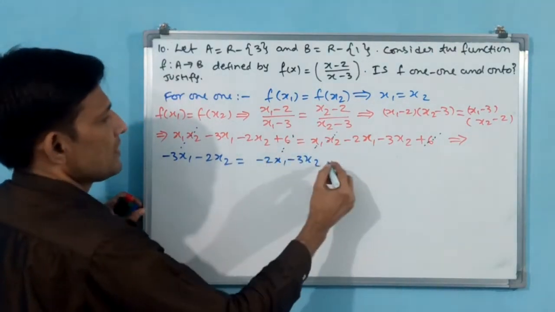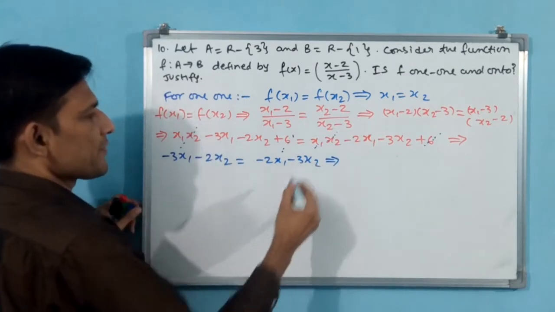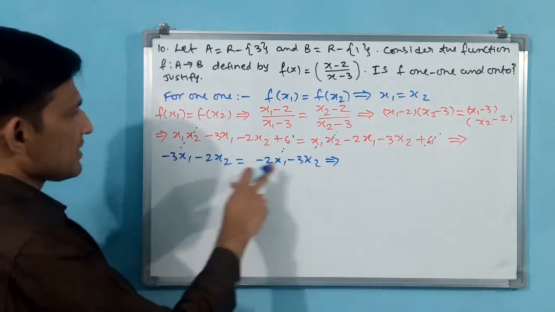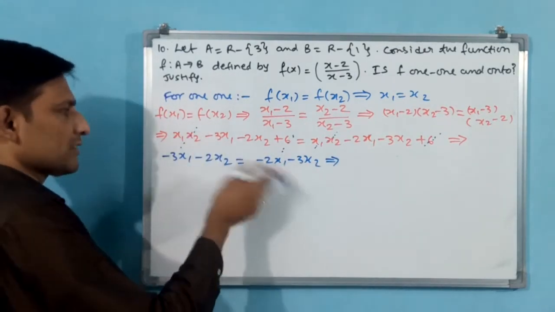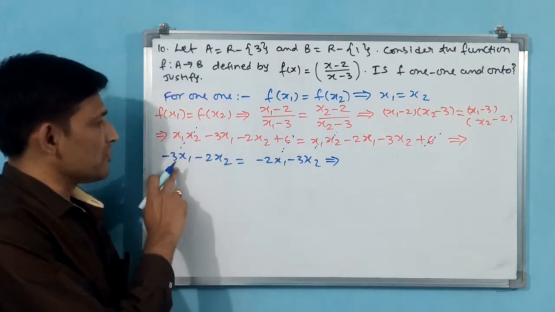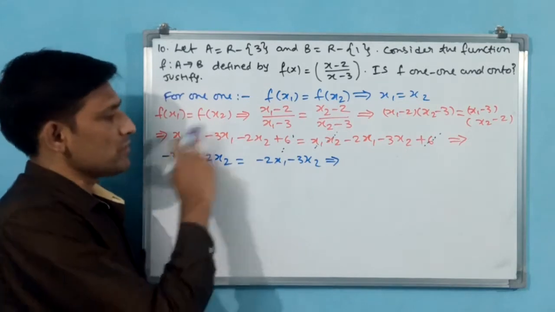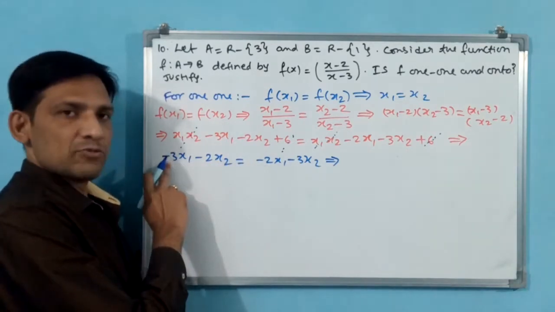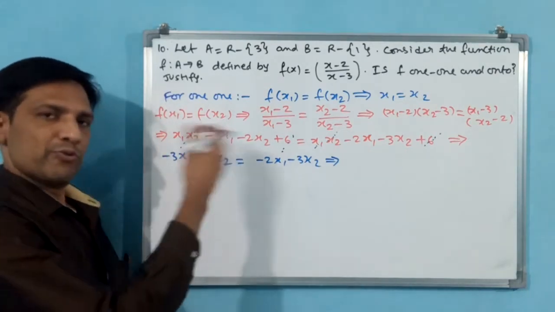Again we write implies. Now x1 terms you send to one side, but while sending you see which one is bigger. This one is bigger. If you send that side, automatically this negative is going to become positive.